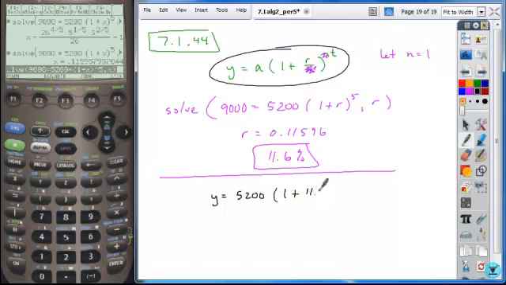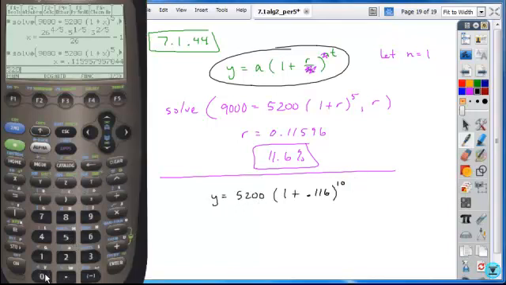The book just used the 11.6, the answer from part A, rounded to the nearest tenth, so this is 0.116. To the power of, and now if we went 5 additional years, the total value t would be 10 for this.